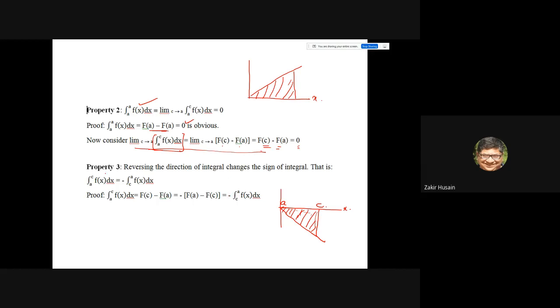So again the proof: the integral from A to C of f(x) dx is equal to F(C) minus F(A). So we can reverse this and write minus (F(A) minus F(C)), which simply means this minus is there, F(C) minus F(A).